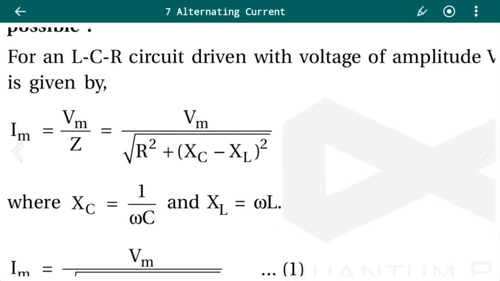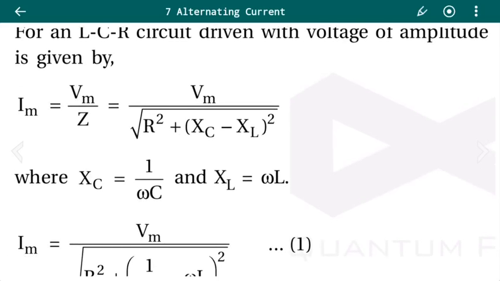So rewriting this equation, we get Im equals Vm upon under root R square plus Xc minus XL whole square.